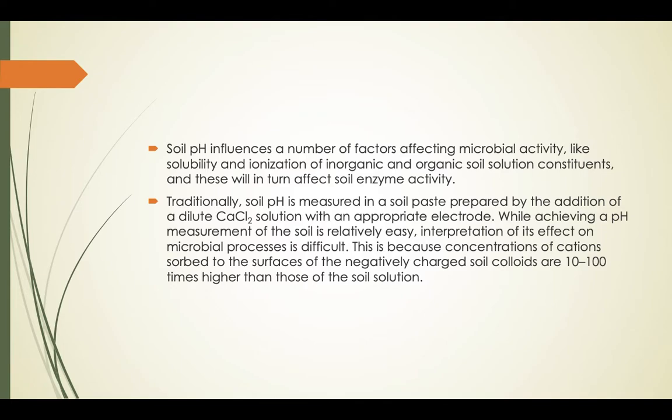Because the concentrations of the cations that are sorbed or present on the top soil or the surfaces of the soil sample that we are going to process is actually 10 to 100 times higher than those of the soil solution. So there is already an inherent bias, or difference. That's something that you have to keep in mind.